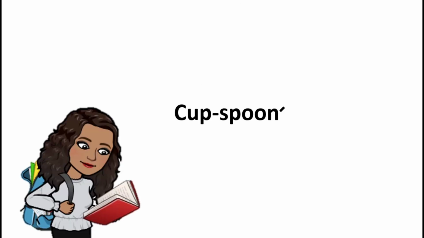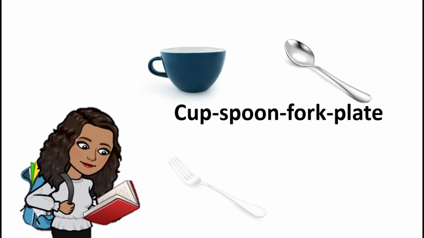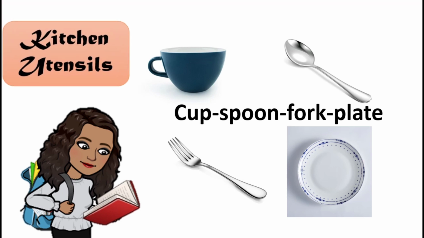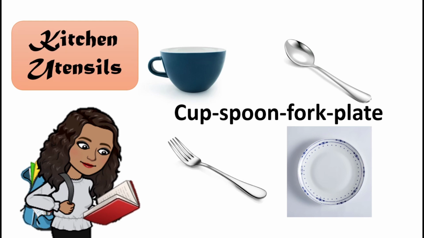For example, cups, spoon, fork, and plate are all grouped together. What common characteristics do these objects have? Correct. They are all classified as kitchen utensils. Remember that words can be classified or grouped together according to their kinds or use.